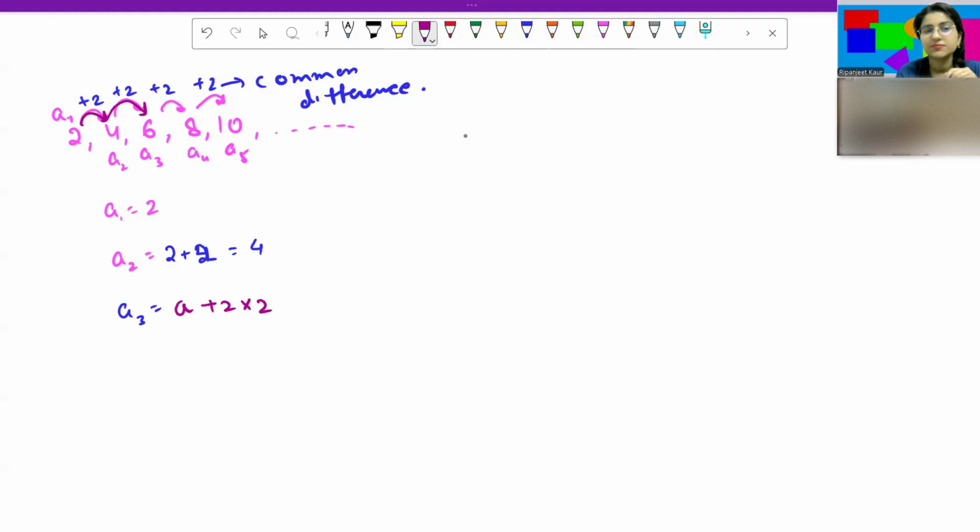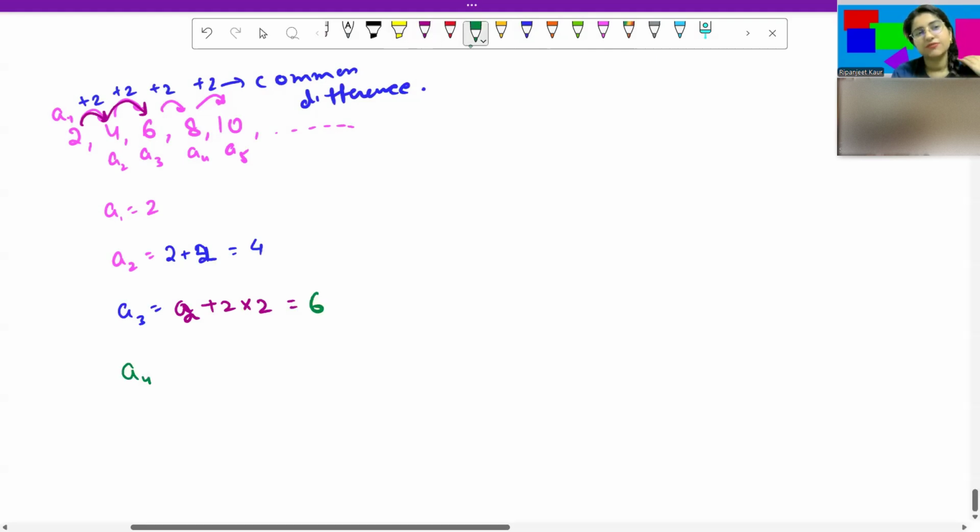Can we say that? And for this A4, which is 8, to this first term, which is 2, how many times have we added 2 to reach 8?